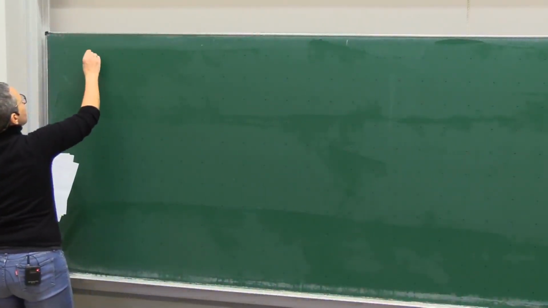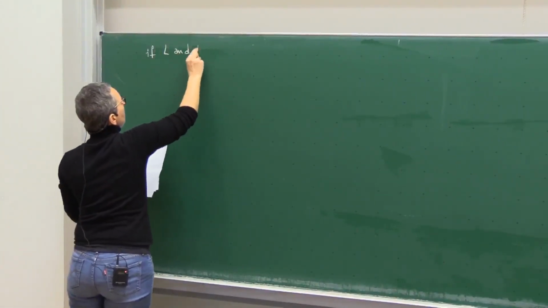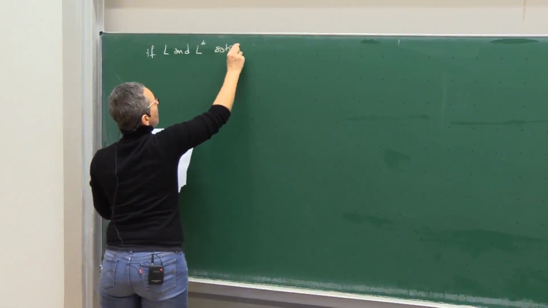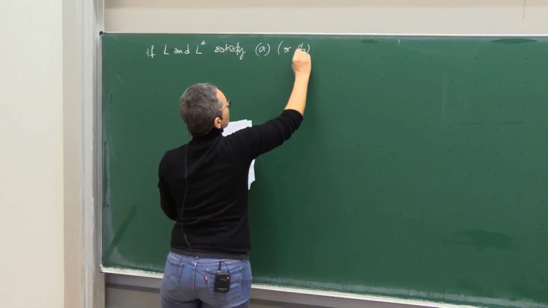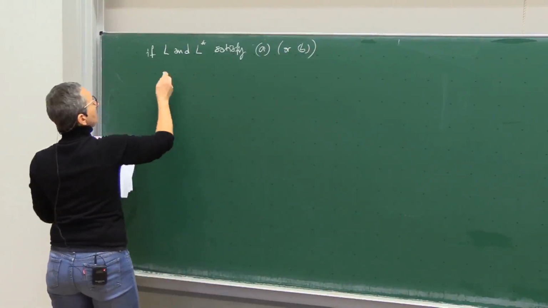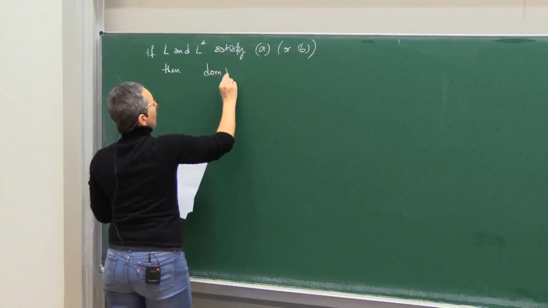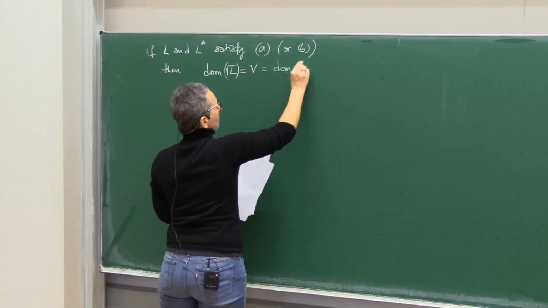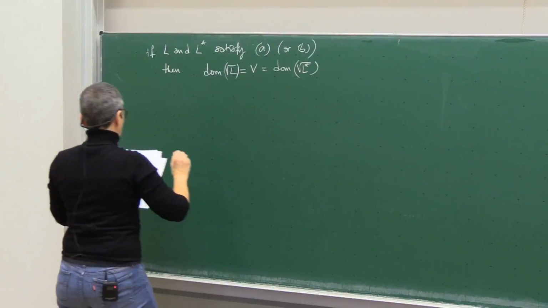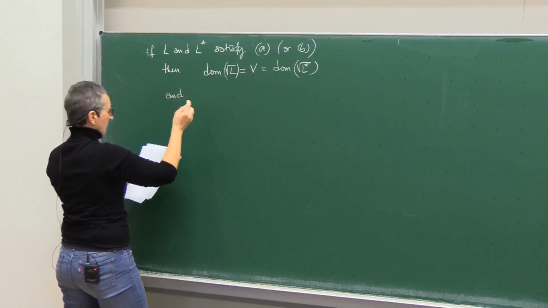So it was the last part of the proof of the proposition: if L and L star satisfy A or B, which are the same, then the domain of the square root of L is equal to V, which is equal to the domain of the square root of L star, and we have the equivalence of the norms.